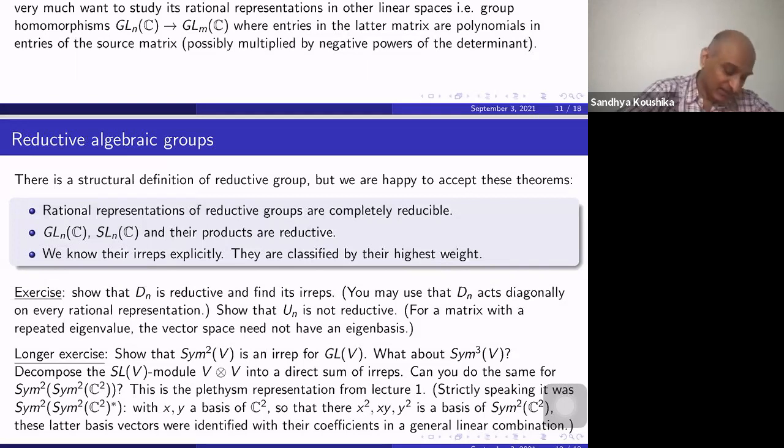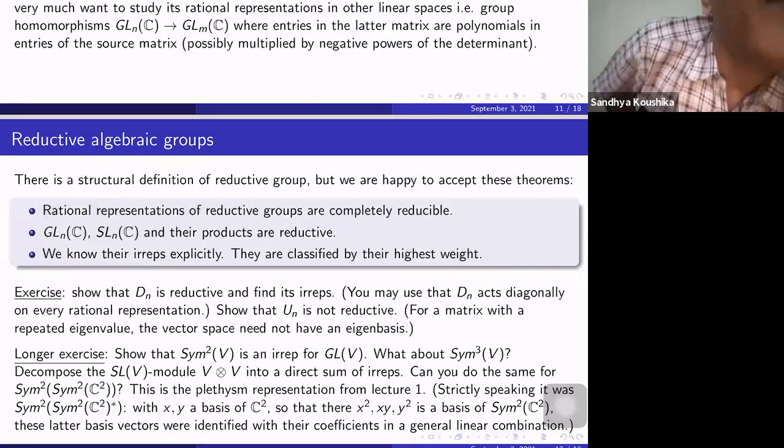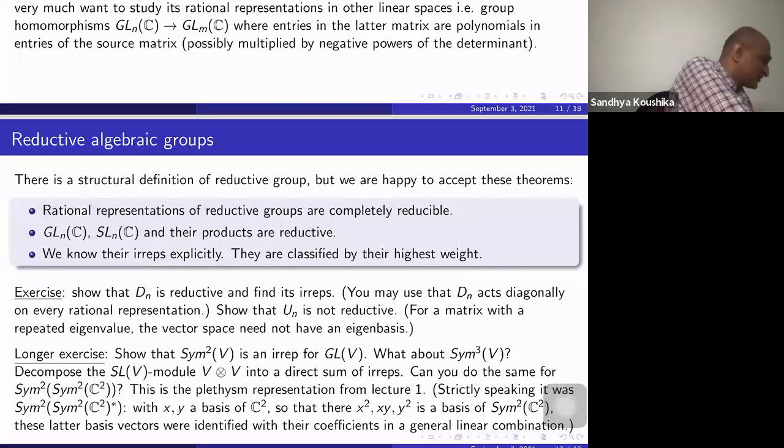Now, if I take the second symmetric power of this, just take a moment to see what the dimension of this representation is going to be. So now I think of x square, xy, and y square as variables, and I take symbolically polynomials of degree 2 in those variables.